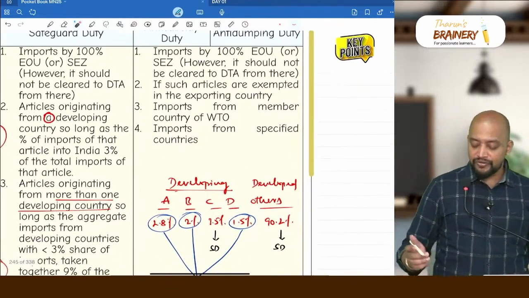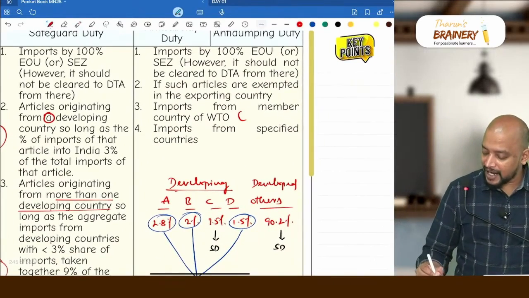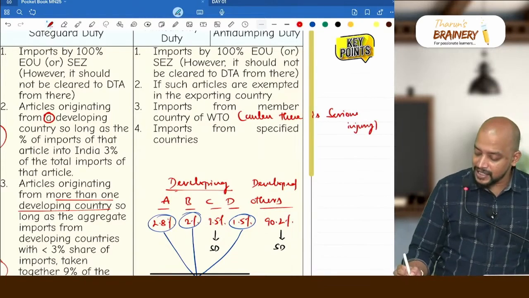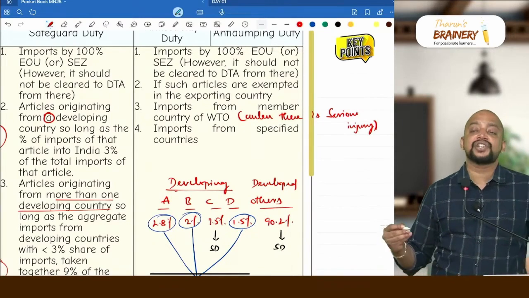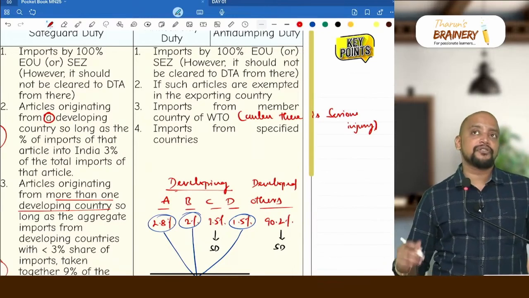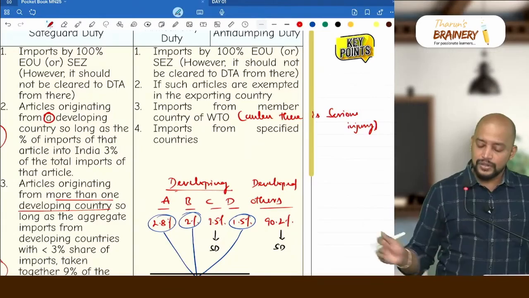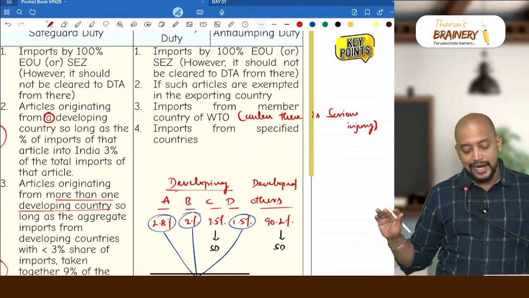So here, for import from member country of WTO, in brackets write down: unless there is serious injury, not threat, serious injury; really there should be injury, meaning only after investigation can it be levied in case of import from member countries. But in case of specified countries, always no anti-dumping duty or no anti-subsidy duty.